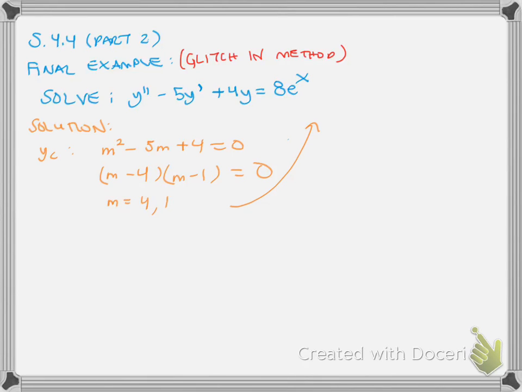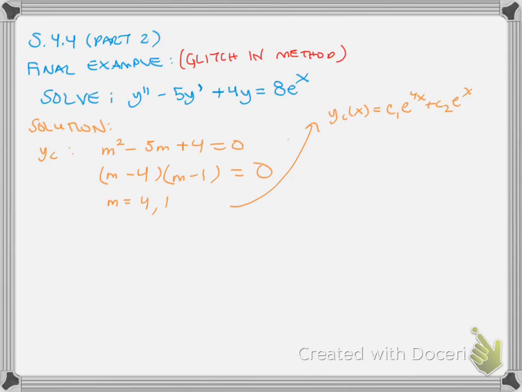And so therefore our complementary function y_c of x equals C1 e to the 4x plus C2 e to the x.